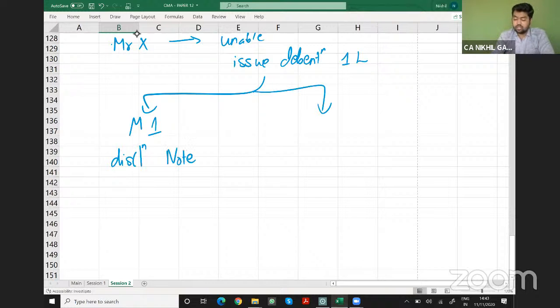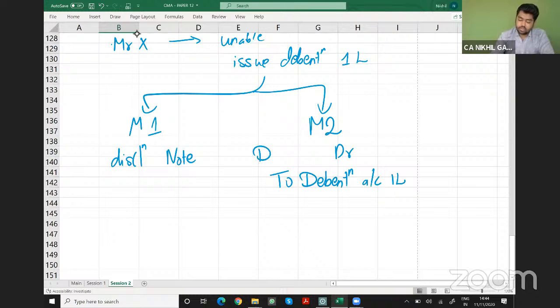In the second method, you should pass the entries. We have not yet issued the debentures; if we make any default, then we are liable to issue debentures. But in the second method, you should pass an entry: credit debentures account with 1 lakh rupees and debit debenture suspense account with 1 lakh rupees.